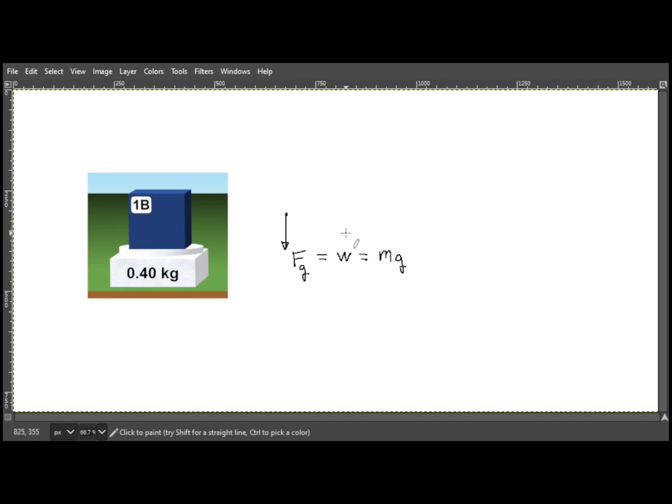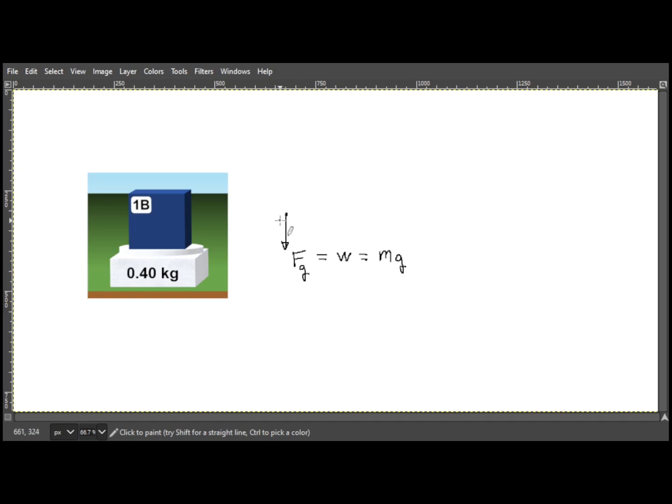The negative tells us the direction it points. In 1D, negative points down if the y direction is defined to be positive up. But it is quite common just to understand that the directions are given by the arrows. And here I'm just considering the magnitude of this force vector, which is the weight.